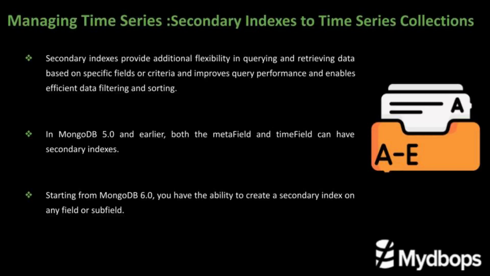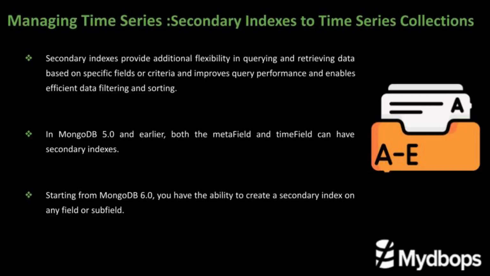Before going to discuss, let's check the limitations of secondary indexes with different Mongo versions. In MongoDB version 5.0 and earlier versions, you can create a secondary index on the meta field and the time field, or any subdocuments of the meta field as well.